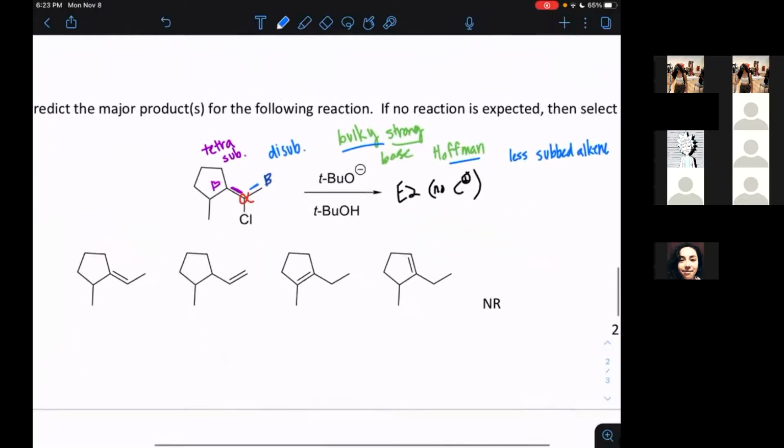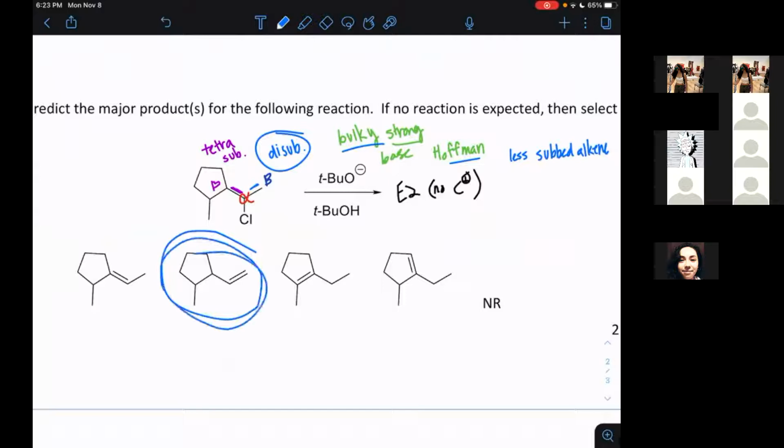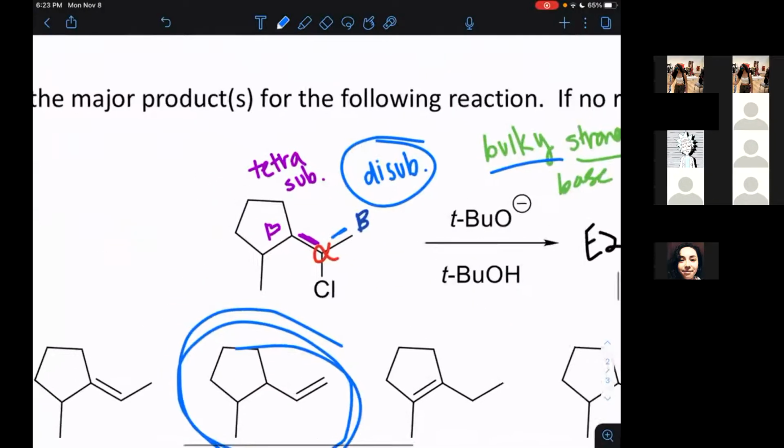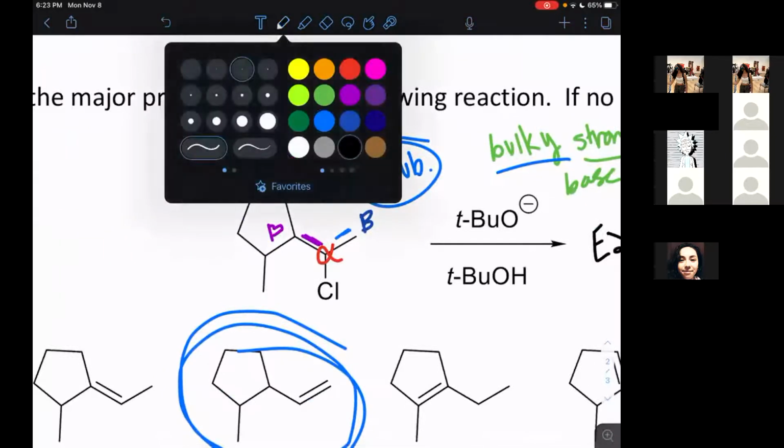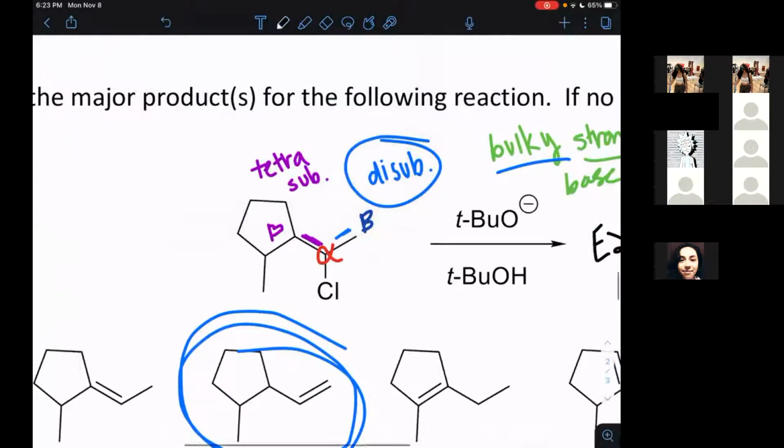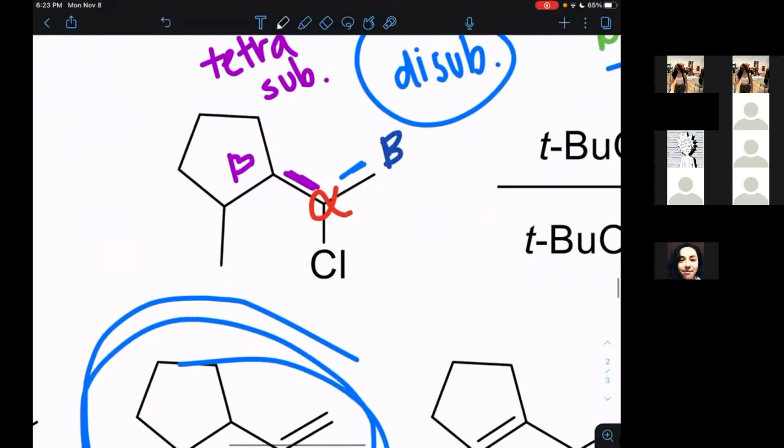So the less substituted one is this one. Does that make sense? Would you please show the tetra-sub? Yes, I'll go ahead and move it over right now. It's kind of hard.